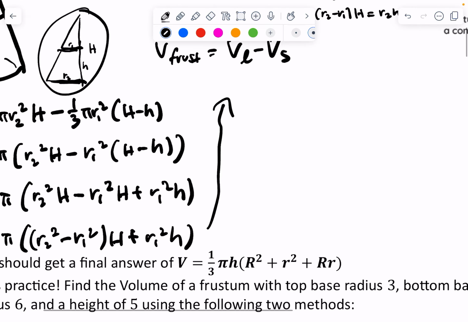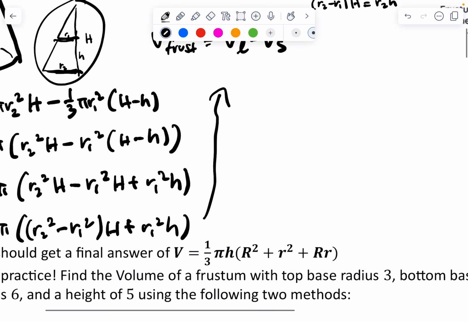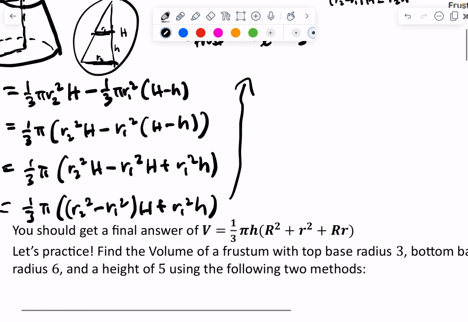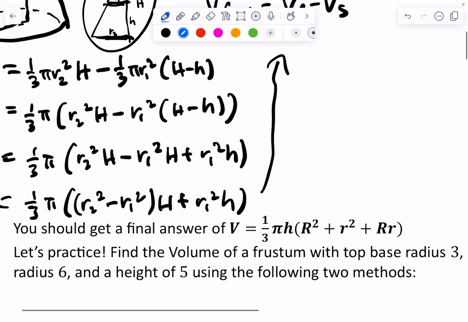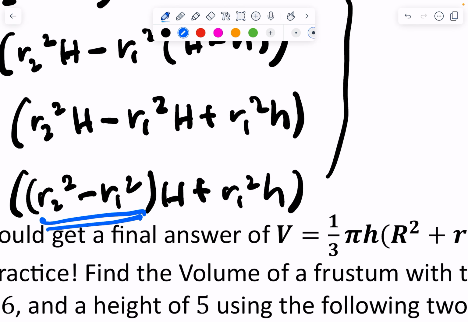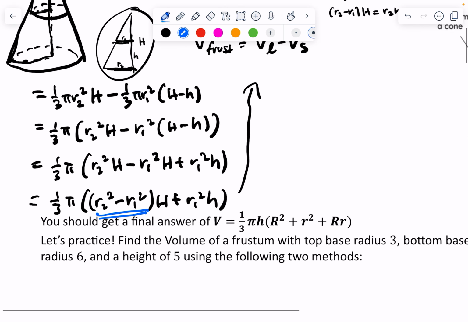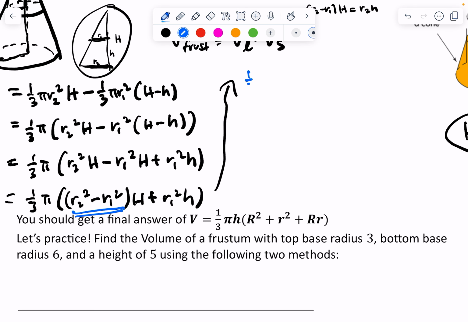Move this over. And then after this, we have a really smart trick here. R2 squared minus R1 squared. This looks like a difference of squares, right? So what we do now is we plug h in.